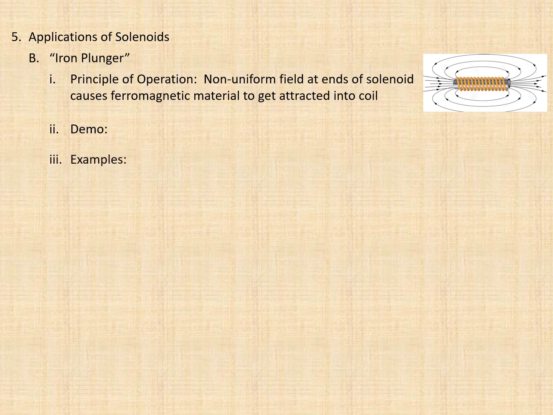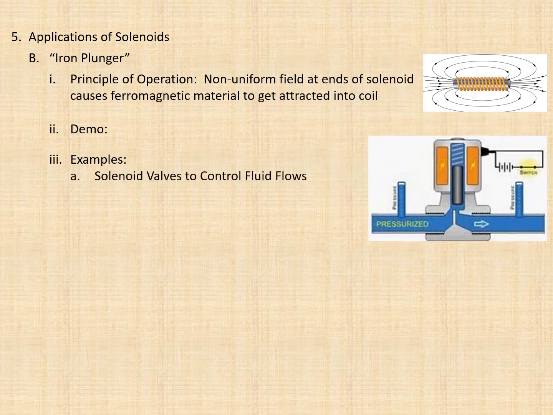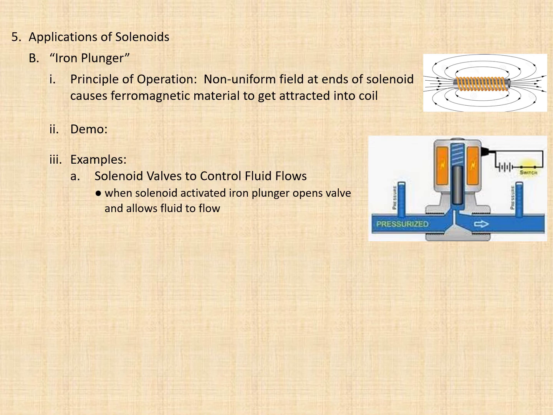So let's take a look at a few examples where we see this technology commonly used. The first being in solenoid valves to control fluid flows. As you see here in the schematic, we have the iron plunger here, which when the solenoid is not activated, is in a closed position, preventing fluid flow.